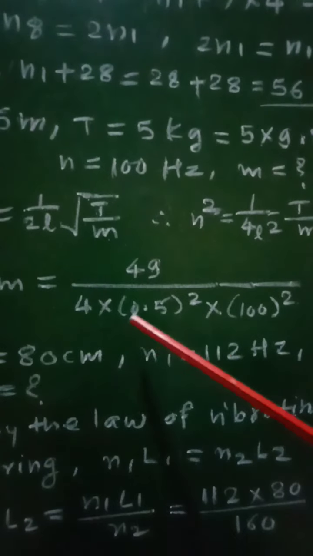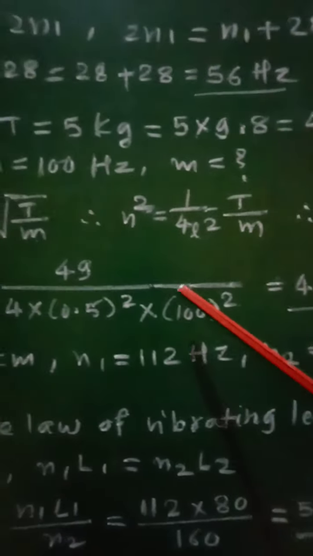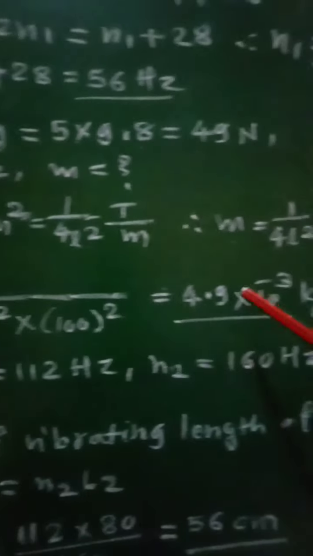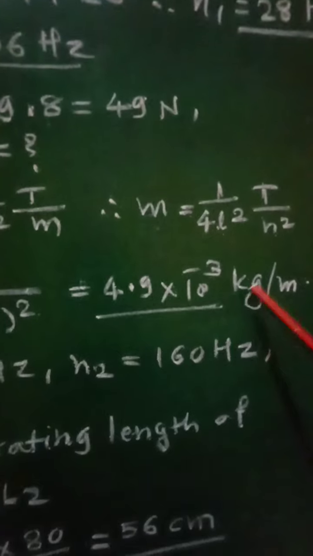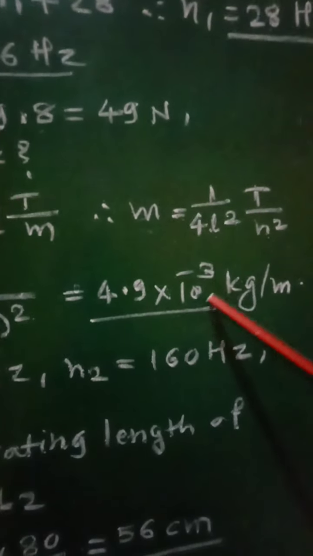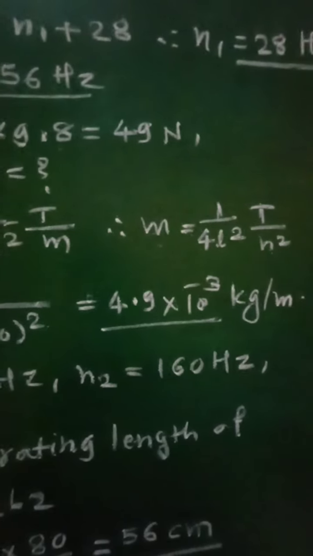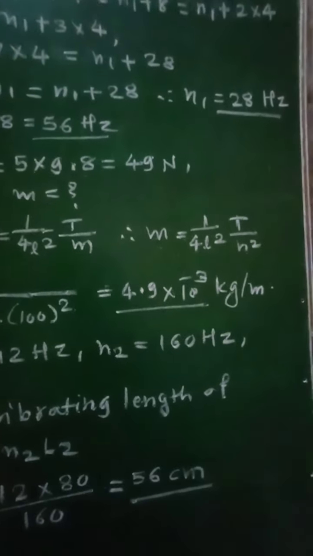If we calculate this total, then we will get 4.9 into 10 raised to minus 3 kilogram per meter. This will be the linear density of that given string.